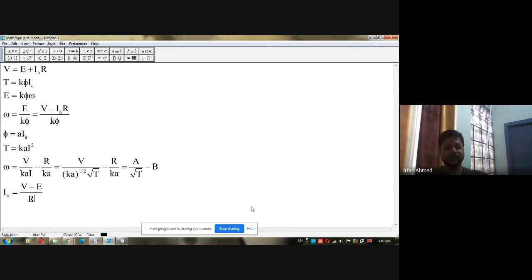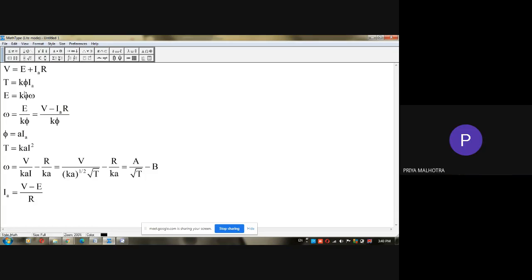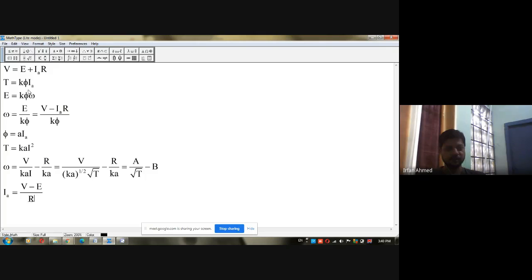So the right answer is that you cannot get regenerative braking in a DC series motor, because E is proportional to flux and speed. If you increase the speed, E increases, and as soon as E increases, the armature current decreases, so the value of flux decreases.